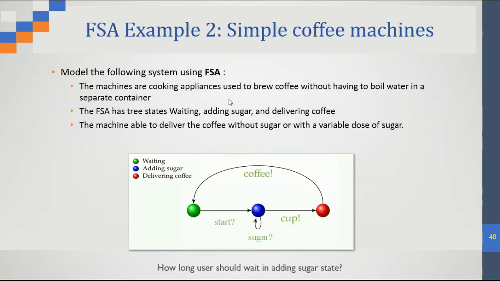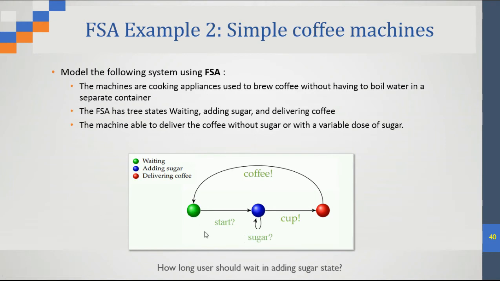So we have another example here. Another example is the simple coffee machine. It's a simple coffee machine because we can model this system with more complicated modeling. In this machine, if the user pushes start, the machine will start, and then the second state is for adding sugar. The first state is just waiting, nothing to do here.